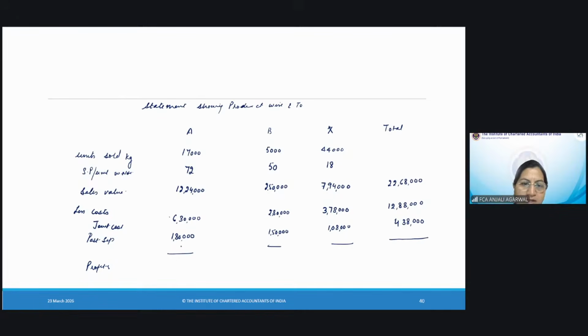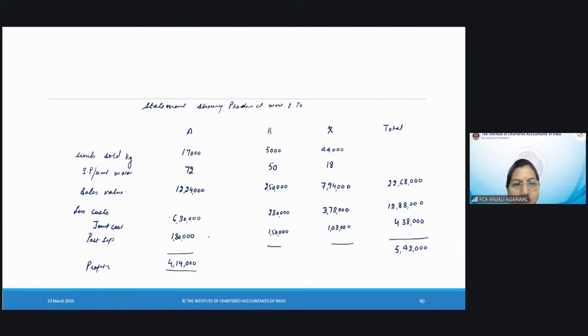So your individual profits are 5,42,000 total. And for A, 12,24,000 minus 6,30,000 and minus 1,80,000. So maximum profit is generated by product A, 4,14,000.